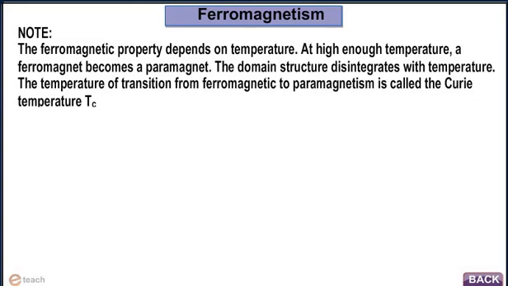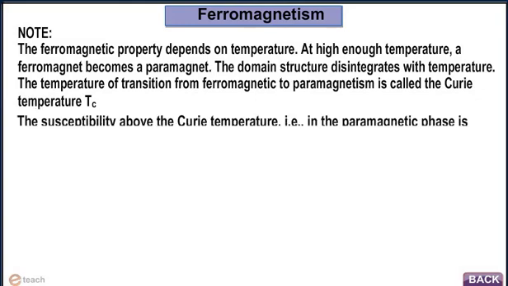Note, the ferromagnetic property depends on temperature. At high enough temperature, a ferromagnet becomes a paramagnet. The domain structure disintegrates with temperature. The temperature of transition from ferromagnetic to paramagnetism is called the Curie temperature and is denoted by Tc.